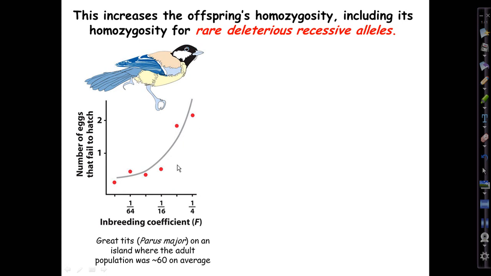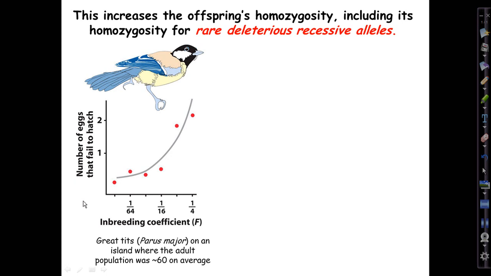These would be the nestlings who were the offspring of half sibs, and then a sixteenth for double first cousins, and so on. So these are inbreeding states inferred from the researchers' knowledge of the actual pedigree relationships of the parent birds.